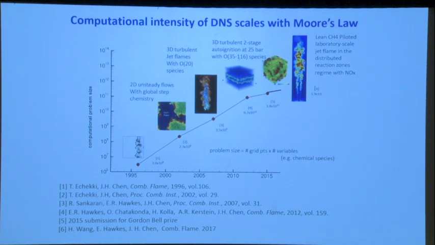So we've been able to get to larger, faster computing power, and this exponential growth of both computing as well as CFD, as shown in this plot. We're basically plotting on a semi-log plot the computational problem size, which is given by the number of mesh points multiplied by the number of variables. So in combustion case, that's mostly the number of chemical species that you're transporting plus 5 other variables.